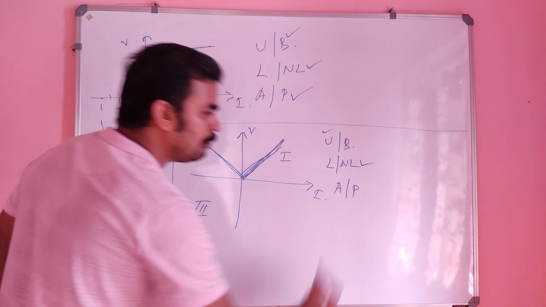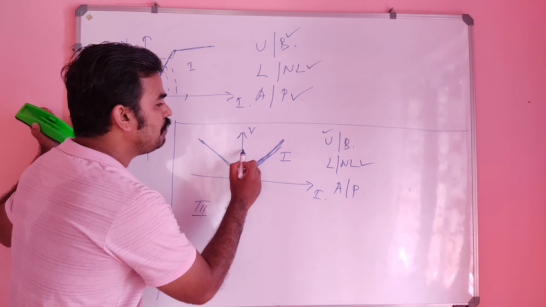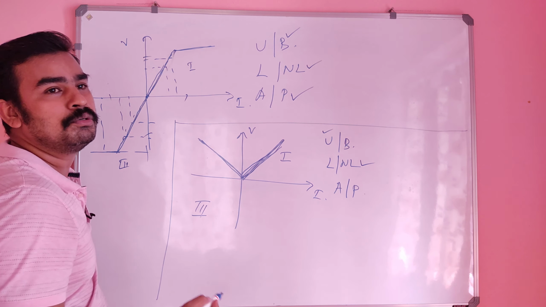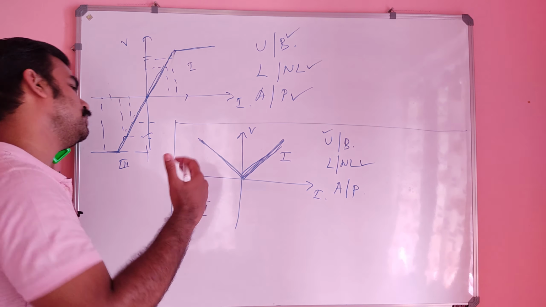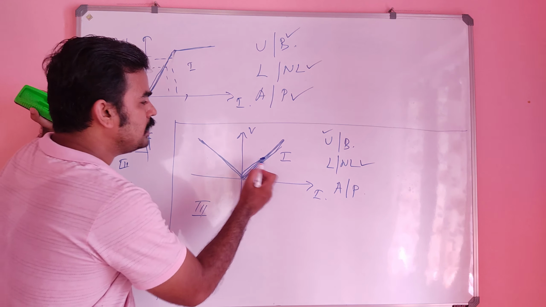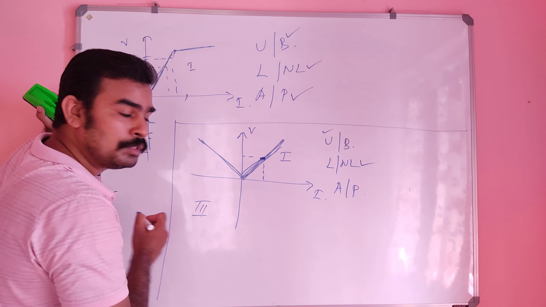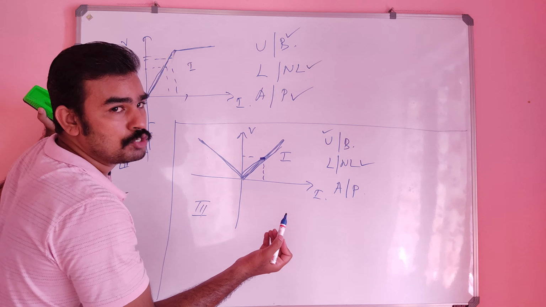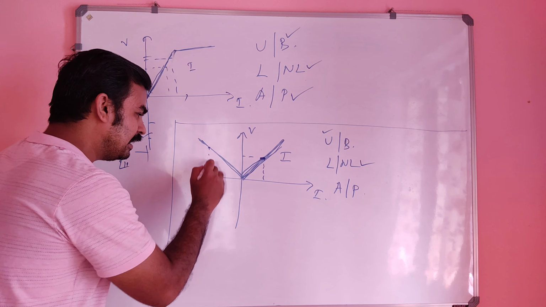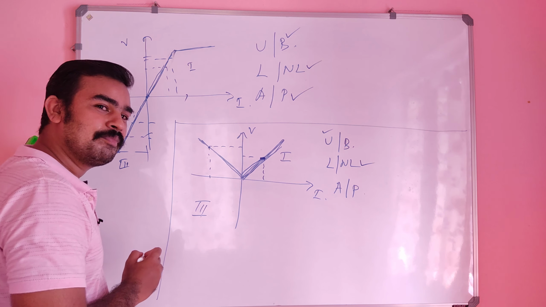And let's see the active or passive condition. I already said the product of V and I at any point will be positive for passive and negative for active. Suppose I am considering this point. For this point, the voltage is positive and the current is positive. So the product will be, of course, positive. But consider this point. The current will be negative, but the voltage is positive.